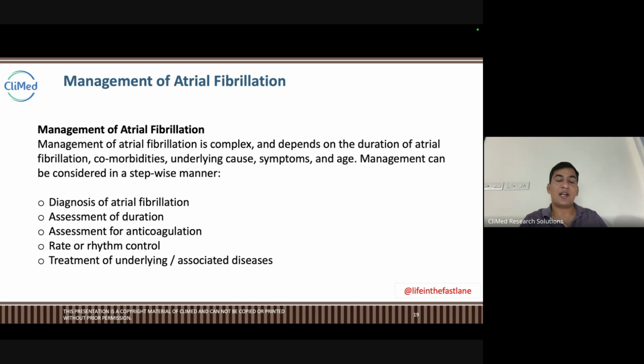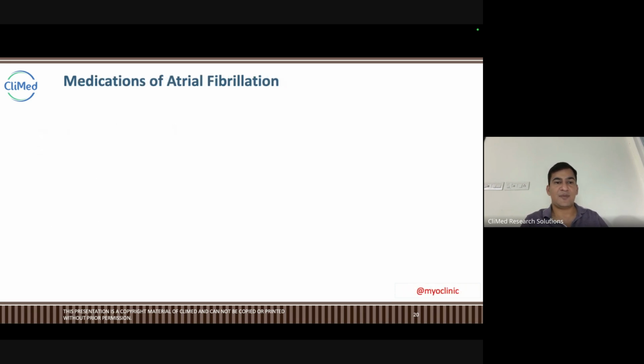Then rate and rhythm control, maybe beta blockers or other medicines for rate control. Then treatment of underlying or associated disease like hypertension, infections, or other problems which can cause AF.